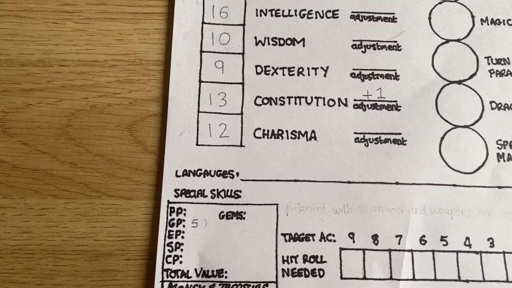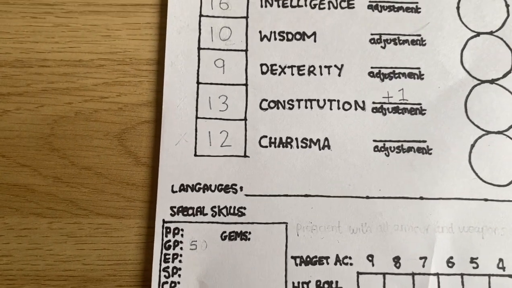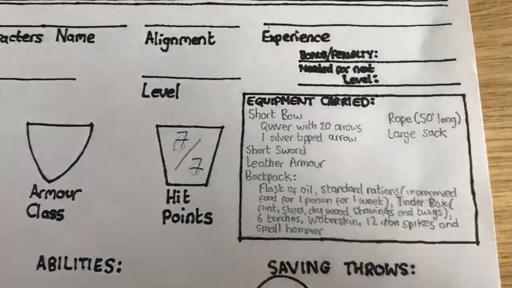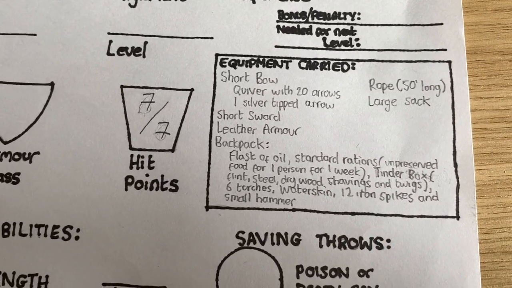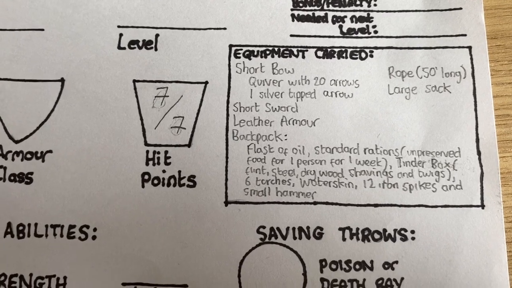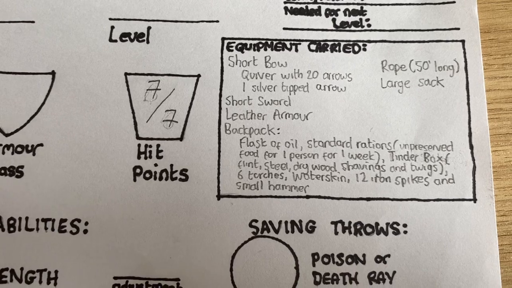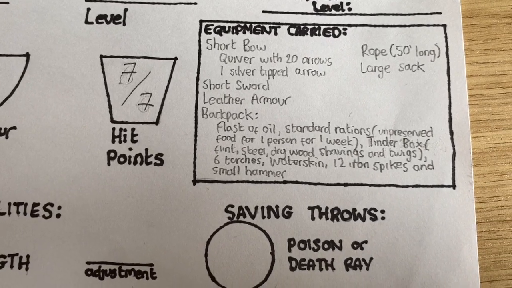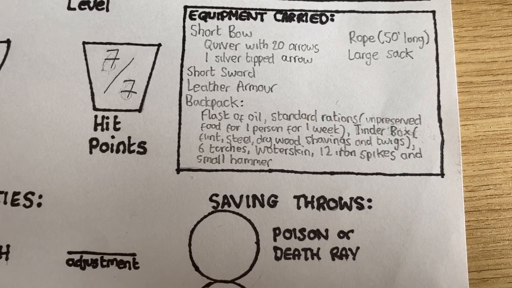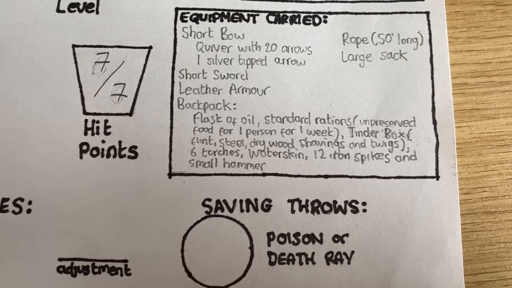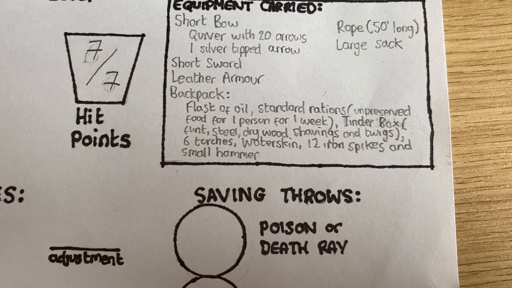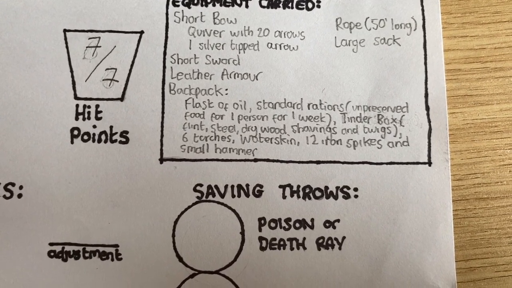So I've spent 85 of my 90 gold pieces, so I've only got 5 gold pieces left, and I bought the following equipment for my character. I bought a short bow, a quiver with 20 arrows and 1 silver tipped arrow. I bought a short sword, leather armour, and a backpack that contains a flask of oil, standard rations, which are unpreserved food which will last one person a week, a tinder box, and inside that is some flint, steel, dry wood shavings and twigs.